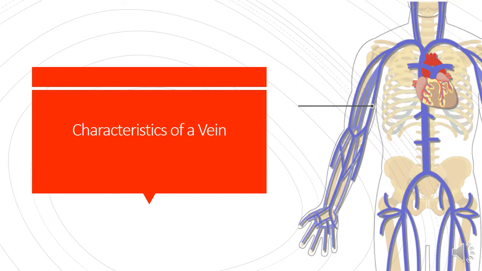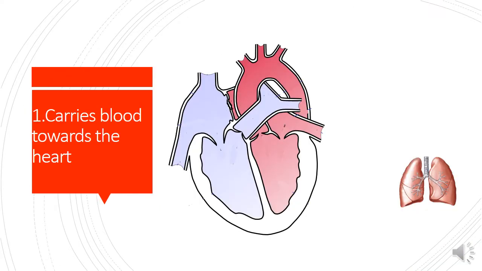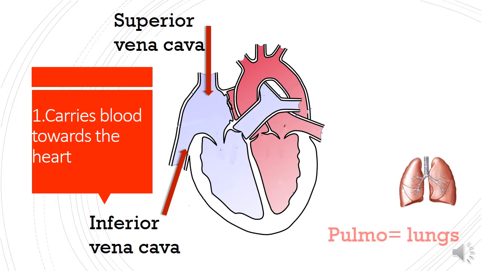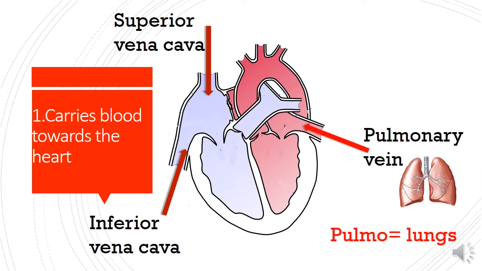Now, let's look at the characteristics of the veins. First of all, we need to know that veins carry blood back towards the heart. So we have the inferior and superior vena cava carrying blood back from the body, so deoxygenated blood from the body to the heart, and we have the pulmonary vein carrying oxygenated blood back from the lungs.